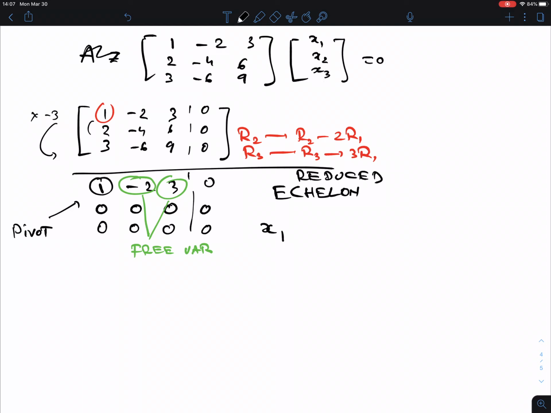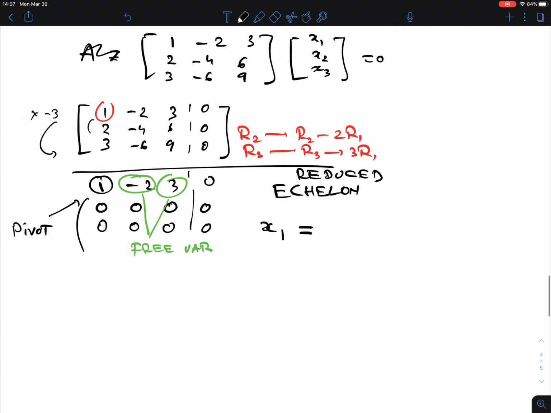That's the system of equations that I'm looking at. So this means that x1 minus 2 times x2 plus 3 times x3 is 0. But I'm going to solve for x1, so I'm bringing these two terms to the other side. So x1 is 2 times x2 minus 3 times x3.